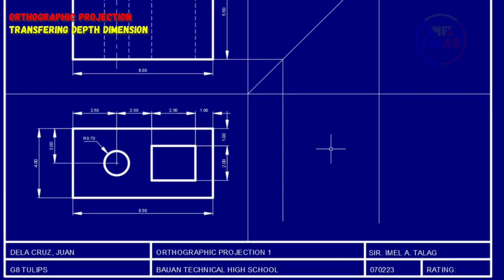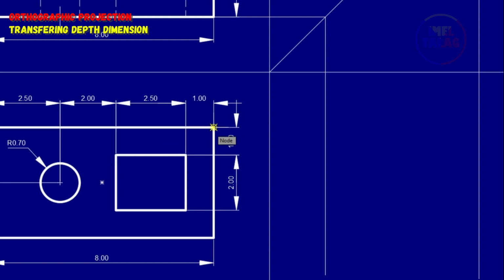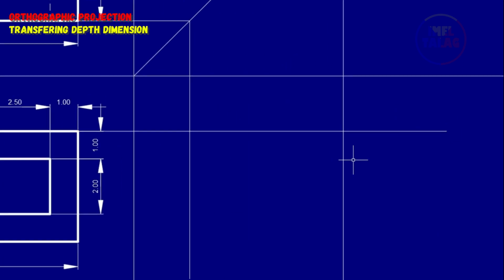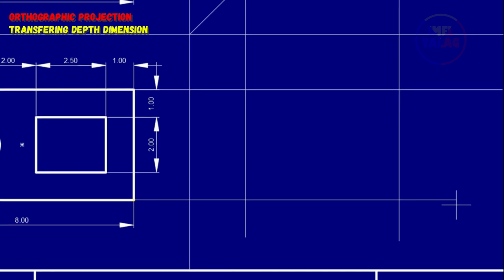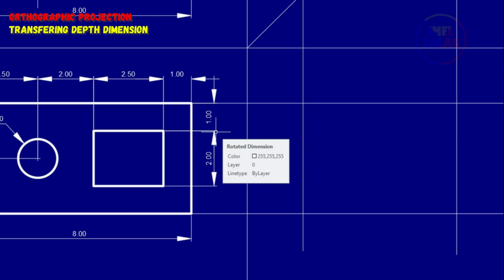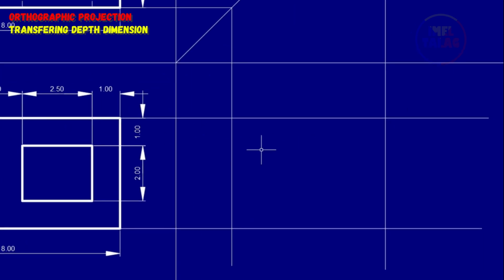So yun, after na makuha natin ang depth dimension, ang sunod naman is height dimension. Ayun, so madali lang, ipo-project lang natin yung height that we have in our front view. Okay, so this is the depth, this is the height.